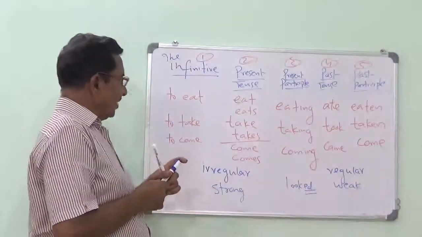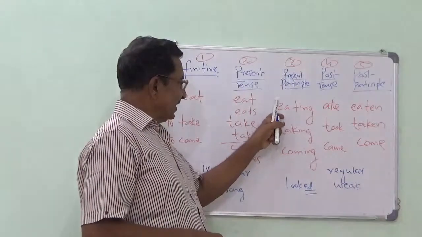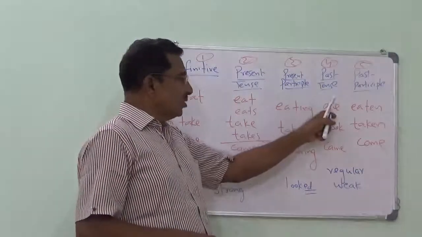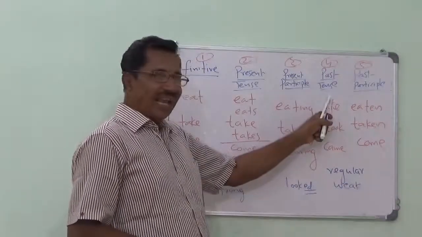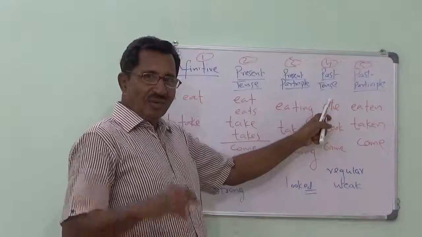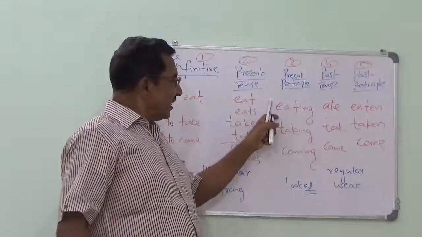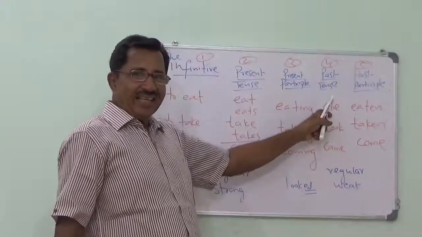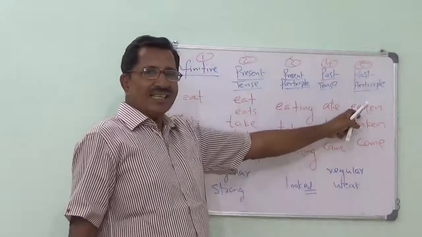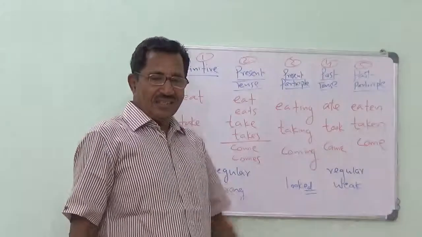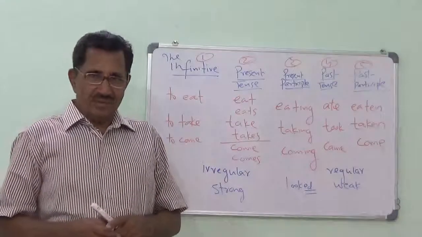We can see now. This vowel changed to another vowel. This is E, this is A. You remember our pronunciation class? This is E, eating. But this is A, ate. And then comes again eaten. The form changes. Such verbs are called irregular verbs.